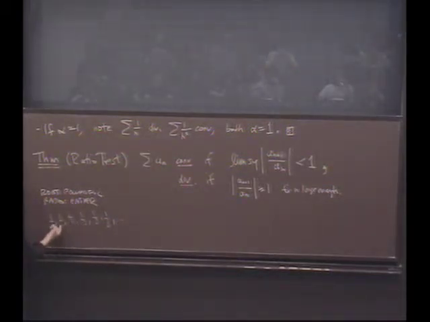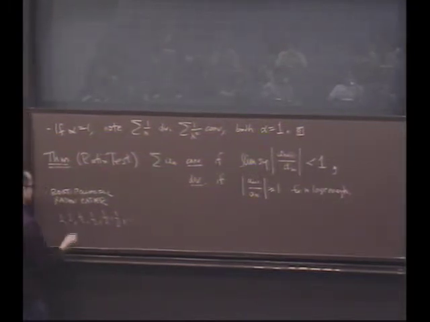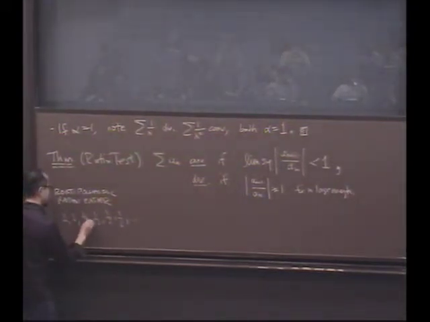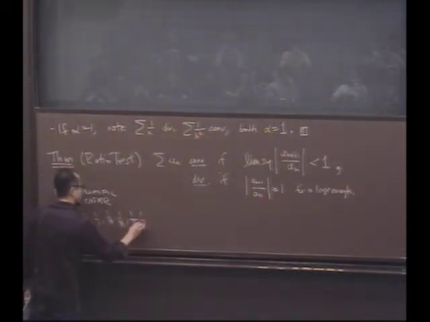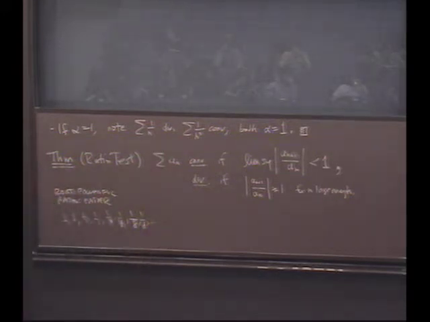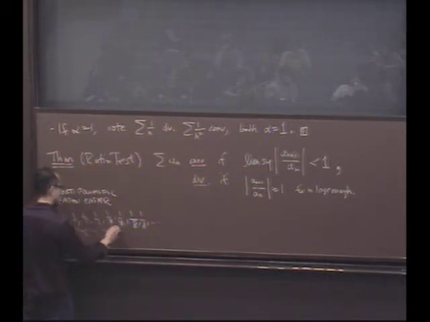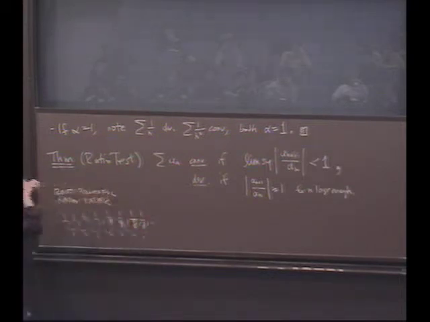Right? Here, let's make this easier: 1, 1/2, 1/4, 1/8. So basically, the successive ratios here are 1, 2, 1, 2, 1, 2, etc.